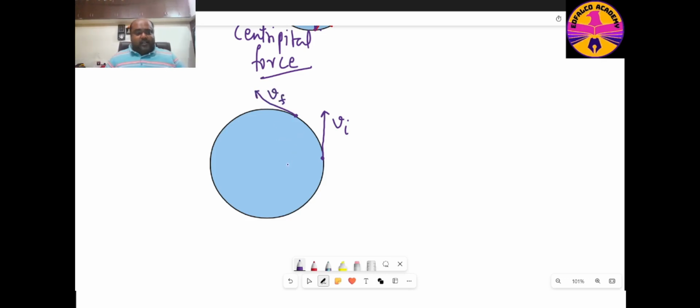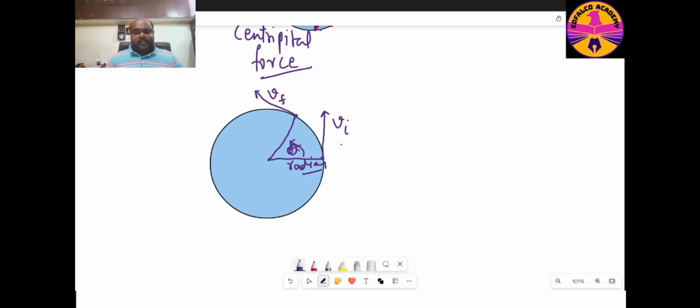And let's say that in this time, from the center, the body is covering an angle of theta. That means the angular change is theta. This is theta not in degrees, but theta radians.